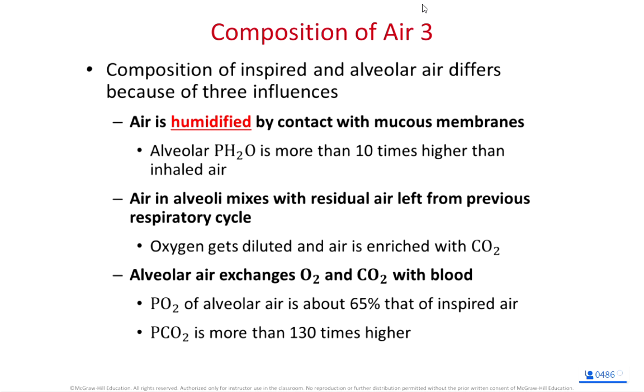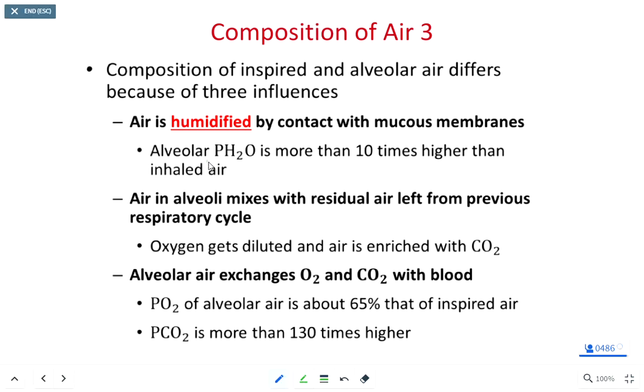We are increasing the water concentration in the air. And the water vapor content is going up, up, up. We're also warming it. We're causing the air to expand in volume. Well, we're also increasing the proportional volume of water vapor as well. We find that the air that we breathe in has a partial pressure of water that increases about tenfold.